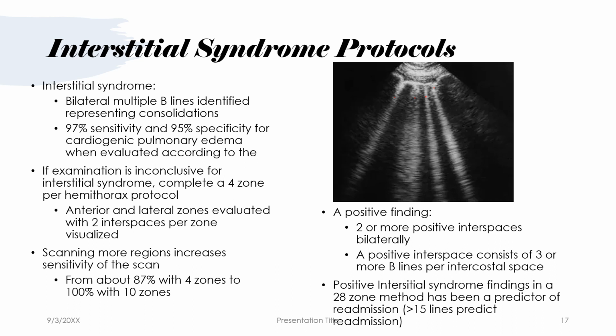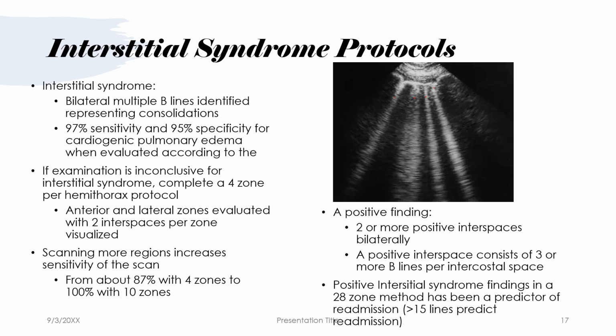If the examination is inconclusive and you're not positive whether you're seeing B lines or not, then you can also do a 4-zone per hemithorax protocol, where you would do anterior and lateral zones and 2 interspaces per zone. So you do away with that posterior lateral. You're looking at anterior zone 1, anterior zone 2, and then lateral zone 1, lateral zone 2, making sure that you include the diaphragm on that last image.